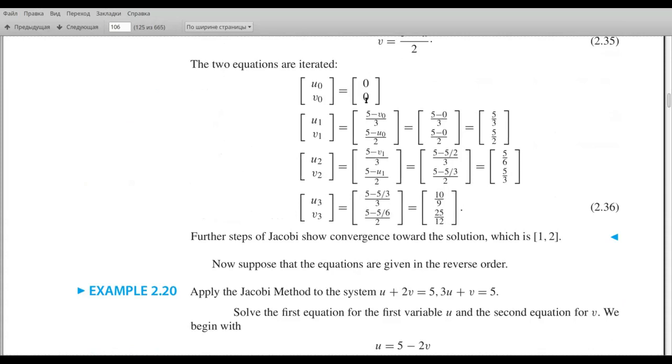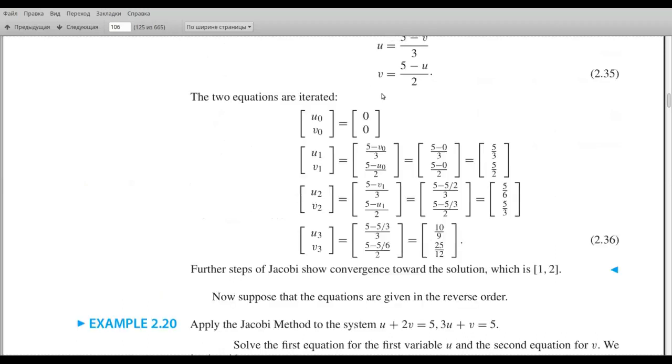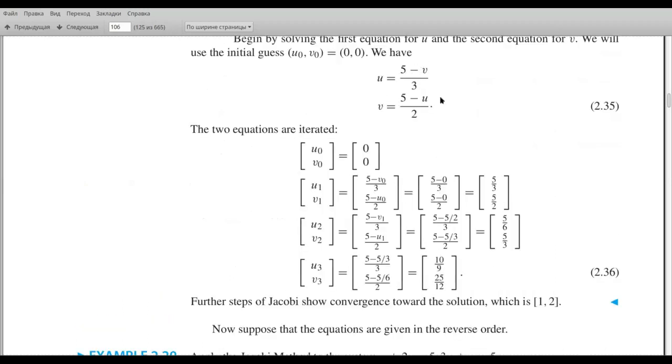I start from u naught, v naught, which are equal to 0, and just substitute them into the right-hand side of these formulas. If I substitute 0, 0, this is what you get: 5/3, 5/2. Now I use this as my approximation, and again substitute in these formulas.